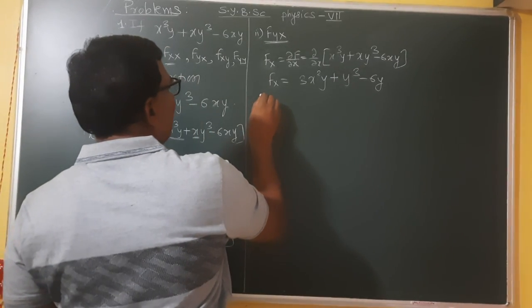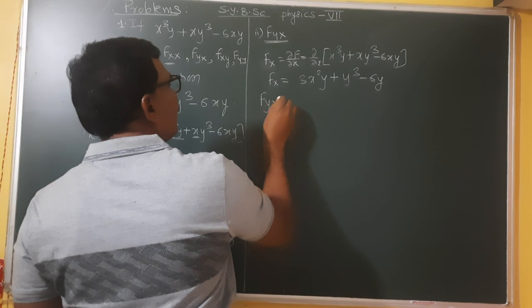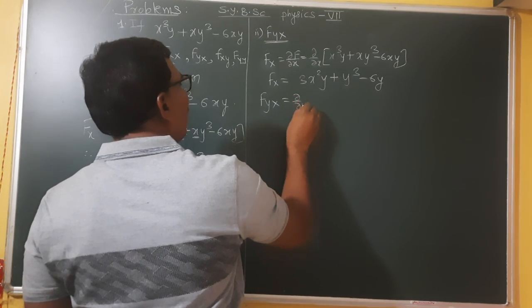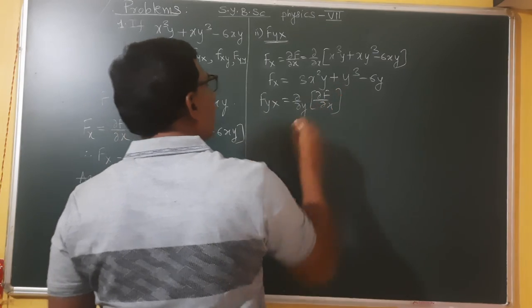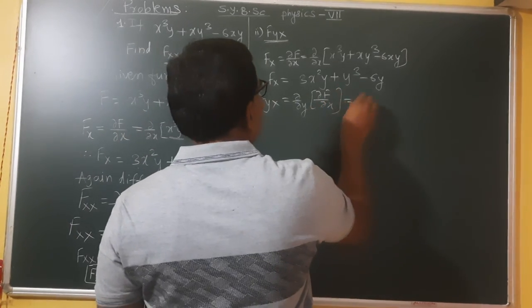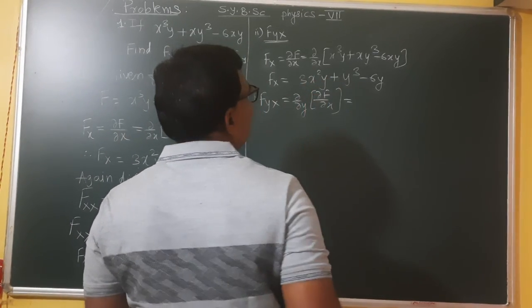Again we have fyx is equal to dou by dou y into dou f by dou x, and finally we differentiate with respect to y.